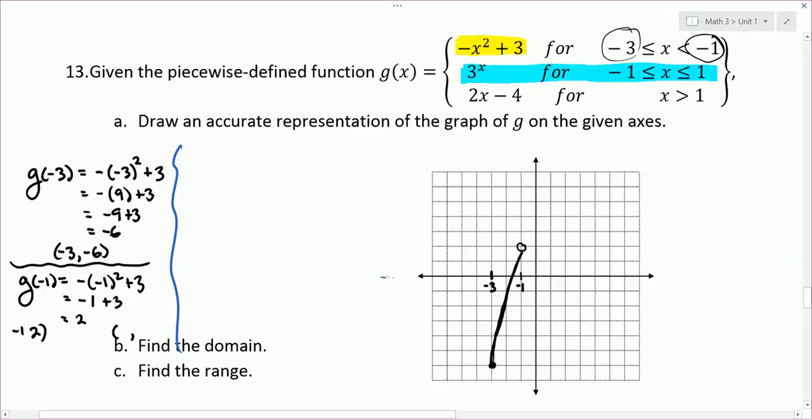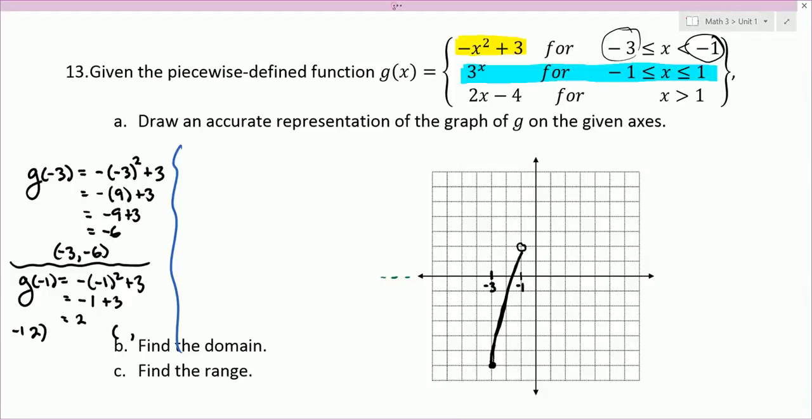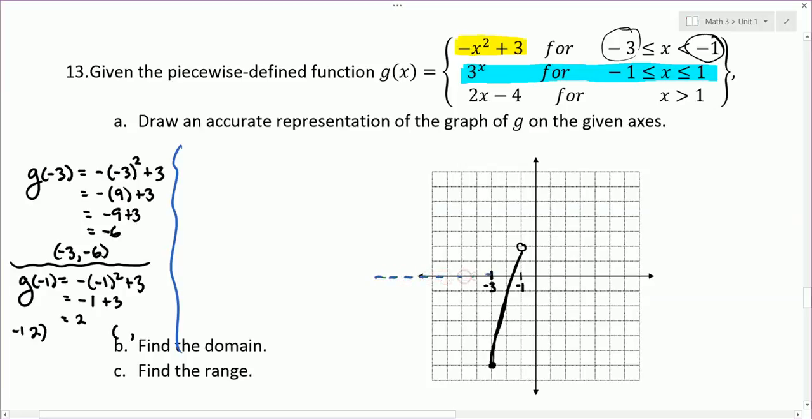I'm going to erase this, so just bear with me here. It's got a horizontal asymptote along the x-axis. Goes through 0, 1. If you plug in the value 1, which we're going to need, we get 3 to the power of 1, which is 3. So 1, 3 is a point.